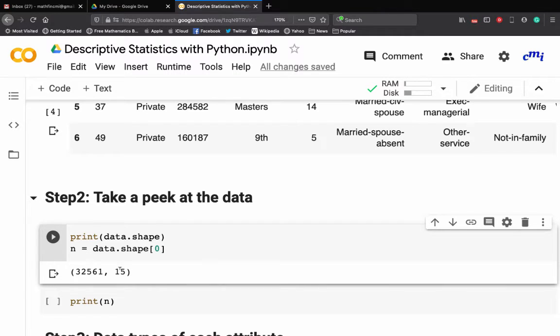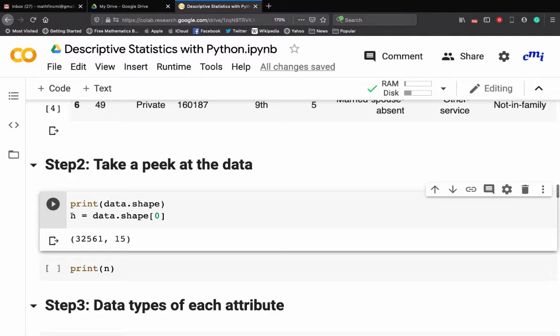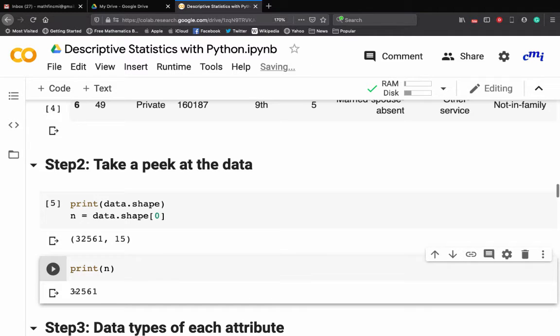In this line, from data.shape, I just took the first value, which is the sample size, and put it in n. So n now is the sample size, which is 32,561.